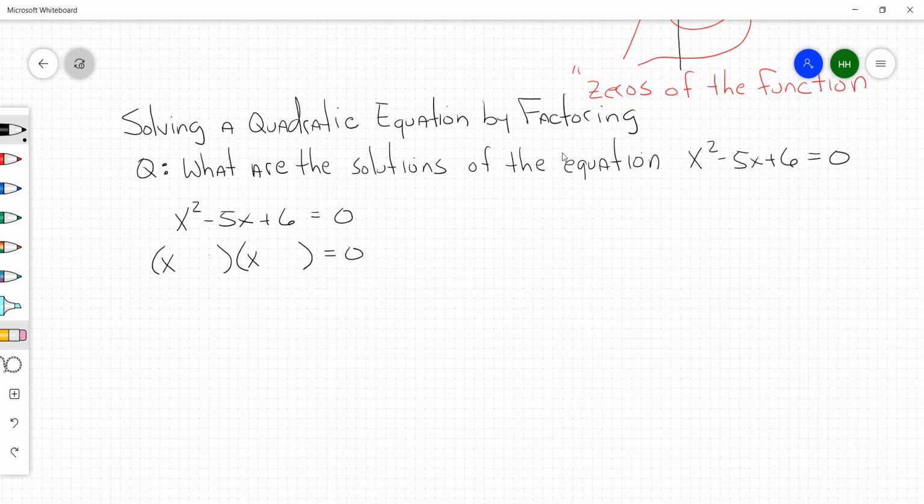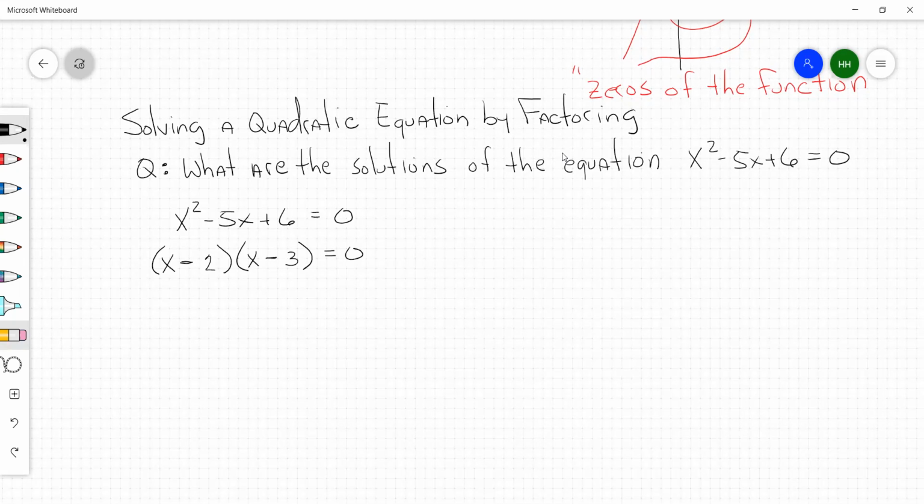Good. So we need a 2 times 3 to equal positive 6, and we need a 2 plus 3 to equal negative 5. So what do the signs have to be in both of those? Negatives. Good.